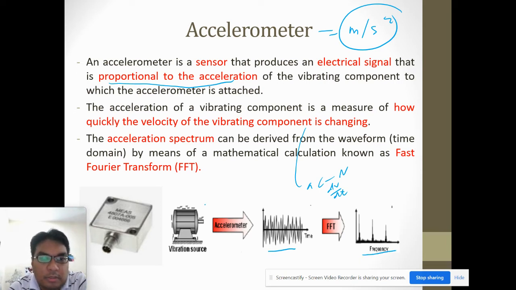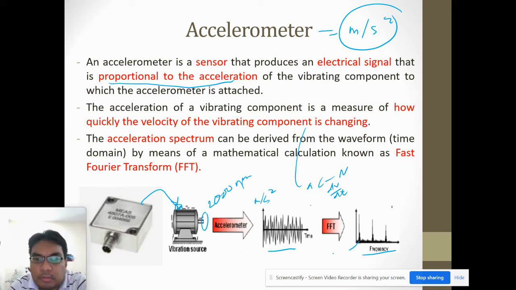So for example, you have a motor here. You run the motor, for example, at 22,000 RPM. So you attach your accelerometer here. With the accelerometer, you can get the signal in the time domain. What is the amplitude, in meters per second squared, against time, and then you convert to FFT so that you can see clearly at what frequency.